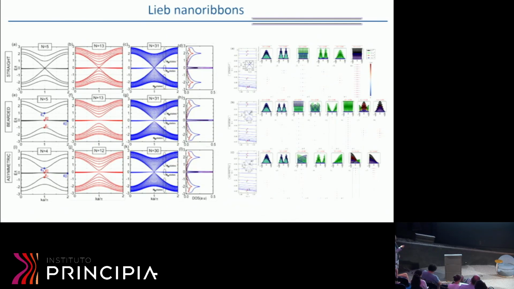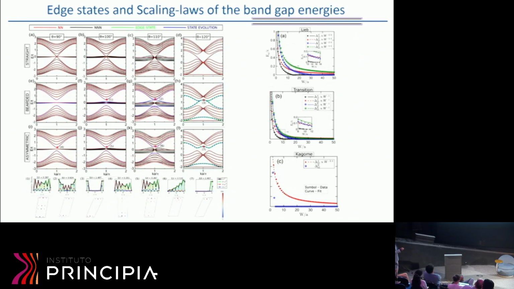When I started to calculate that, I thought those bands would behave like flat bands that take each sublattice with equal contribution, but that's not the case. When you take a nanoribbon, the behavior of the probability distribution has a nodal behavior. And moreover, just Kagome has edge states.